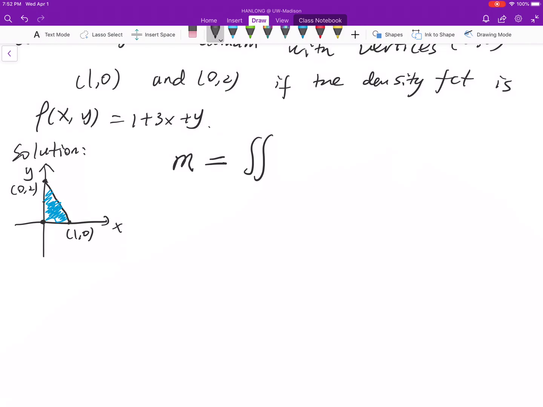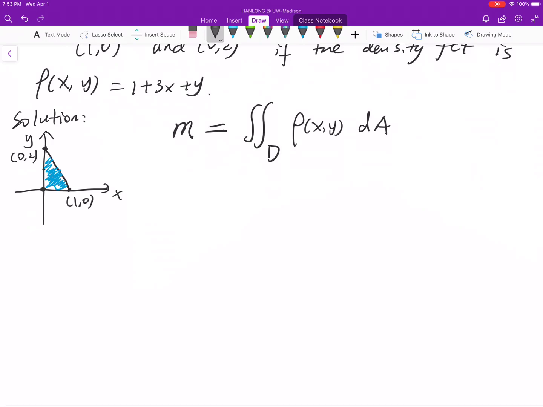You integrate over D, and the integrand is just the density function. Now your domain is also a type 1 domain. You can first integrate y, then integrate x.